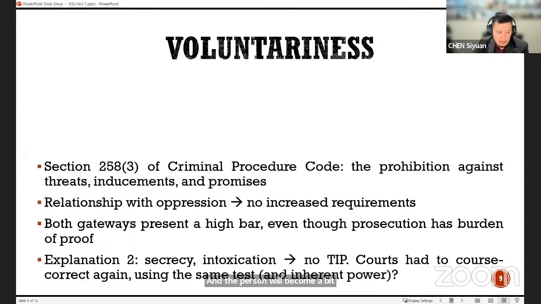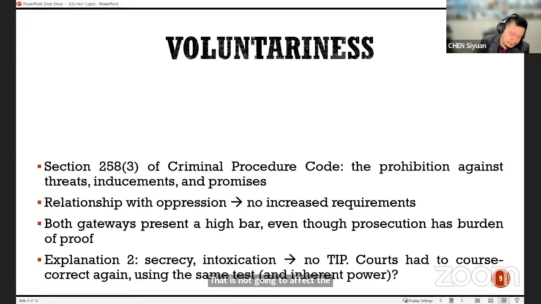So in the common law system, we call this intoxication by drugs as opposed to intoxication by alcohol. And you would think that a person who is intoxicated by drugs, whatever he or she says, can't be that reliable anymore, can't be that voluntary anymore. But what the Criminal Procedure Code says is that that's fine. That is not going to affect the voluntariness of the statement.